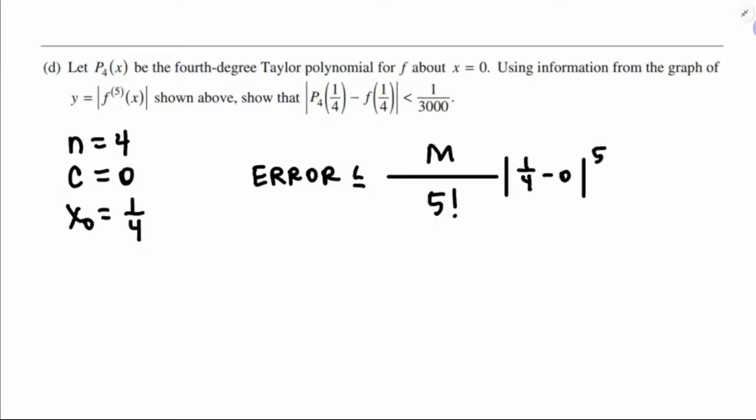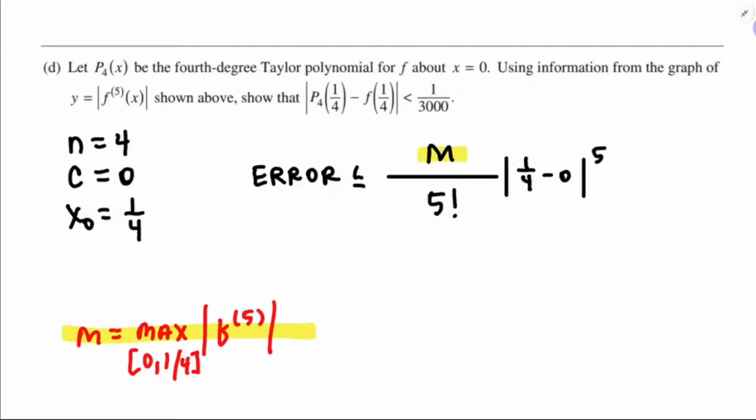Now, this m is going to be equal to the maximum possible absolute value of that next derivative, so the maximum absolute value of f's 5th derivative on the interval between x equals 0 and x equals 1/4.